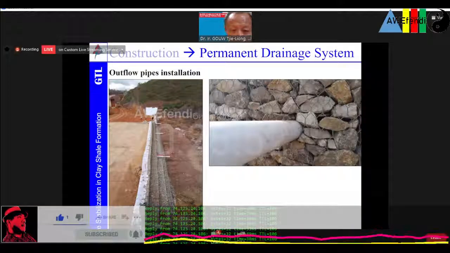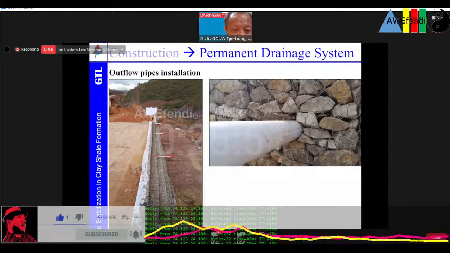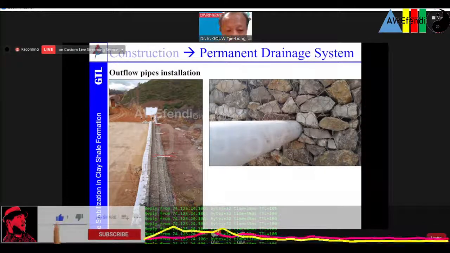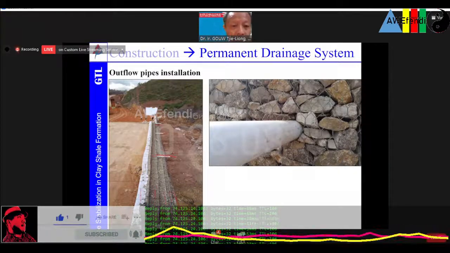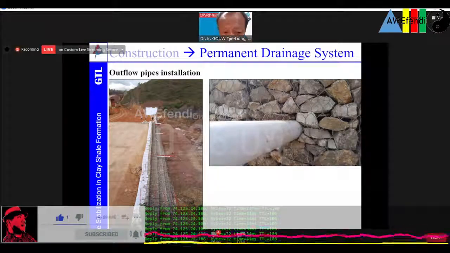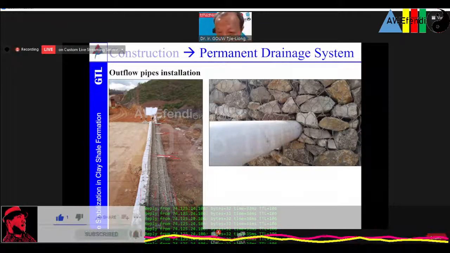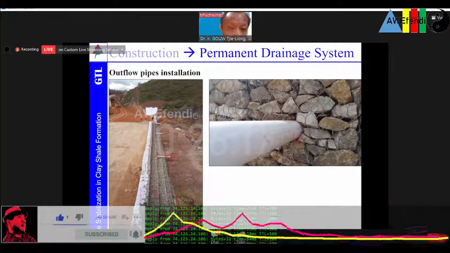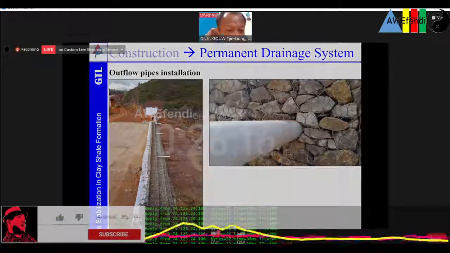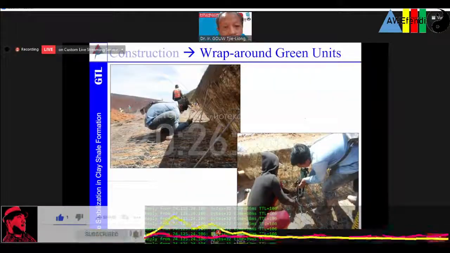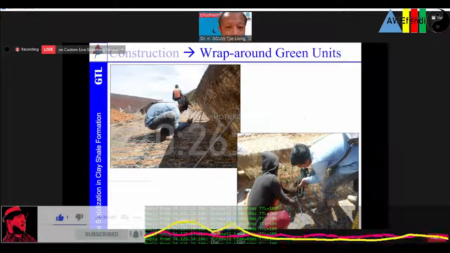This is after we stage it up. Every stage of this is about 1 meter, from the bottom 1, 2, 3, 4, 5. This is already about 5 or 6 meter high, something like that. This is the drainage pipe. This is the detail coming out from the gabion, the drainage pipe. After a certain level, not the whole thing is under gabion.